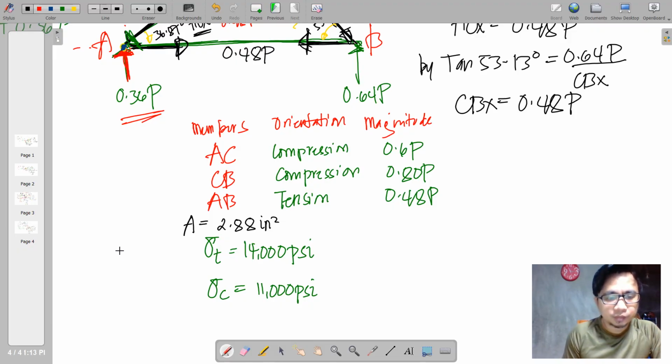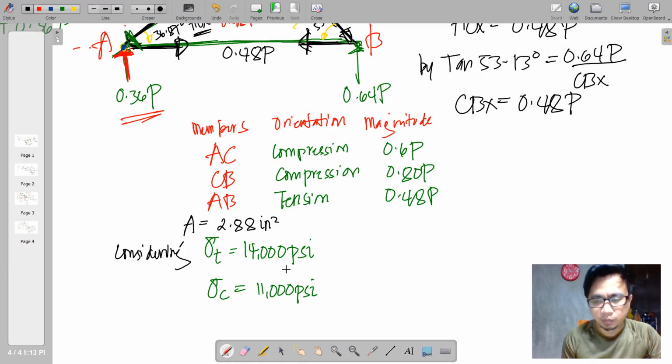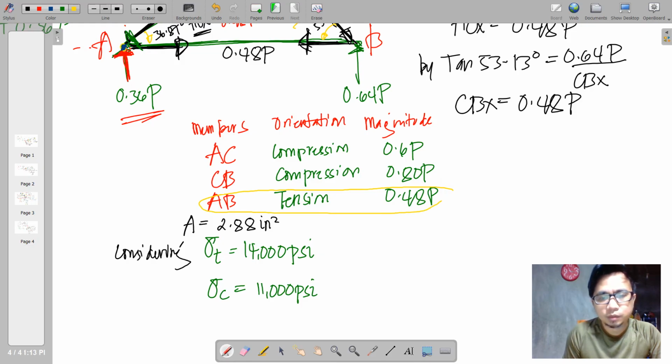Considering sigma under tension equivalent to 14,000 psi, we'll just have to consider this one, because these are both in compression, so we cannot apply this allowable because it is intended only for tension.